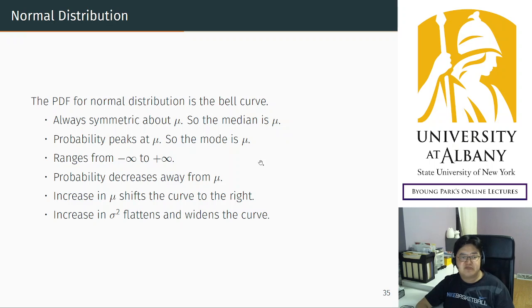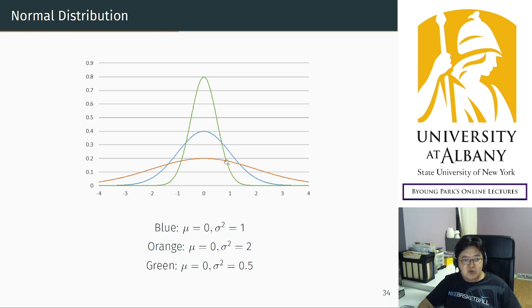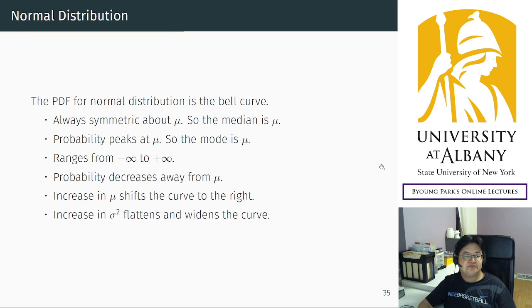And the range is from negative infinity to positive infinity. By the way, even though it looks like the probability is 0 here, actually the probability is really, really small, but not exactly 0. It never becomes 0, even if it goes further out to infinity.